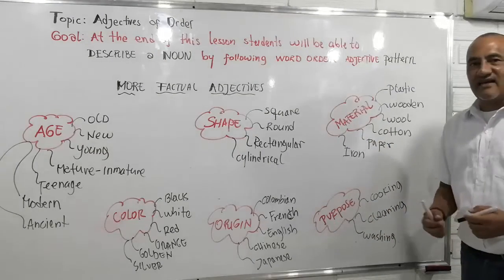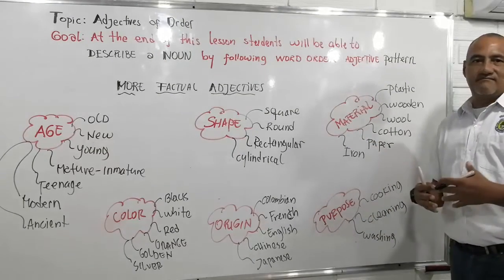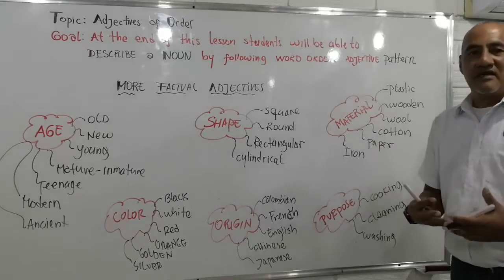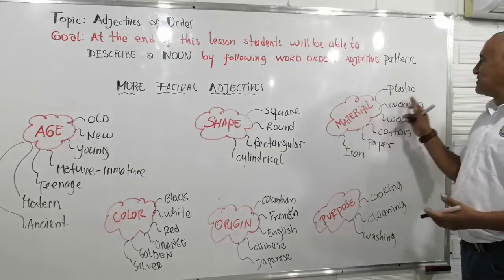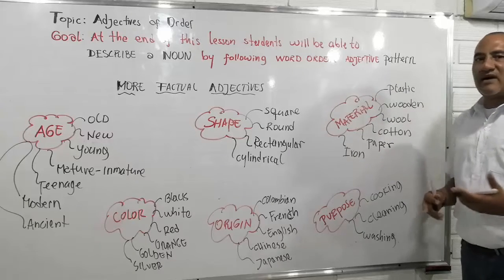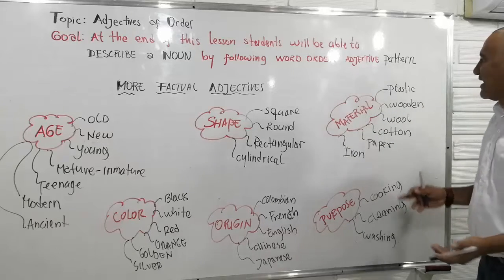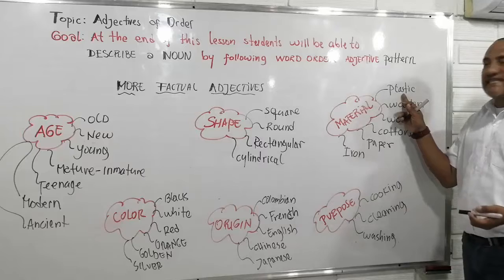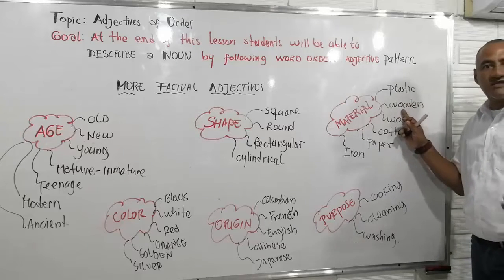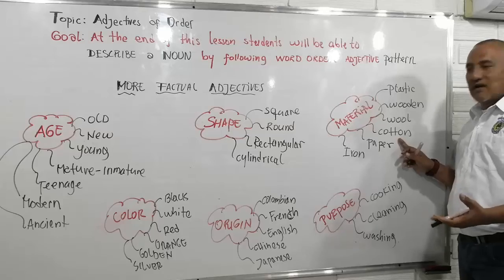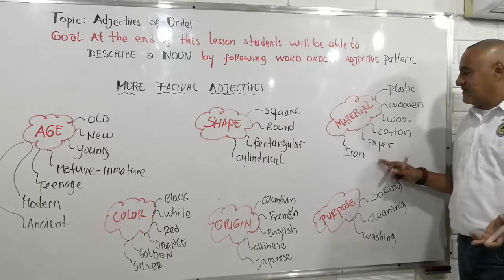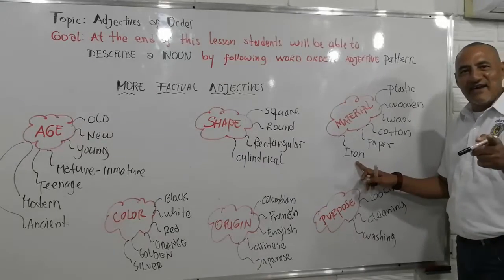The material of the thing that we are describing is made of. El material también es una cualidad para dar más información acerca de algo. Here we have plastic, wooden, which is madera, wool, lana, cotton, algodón, paper, iron, hierro.